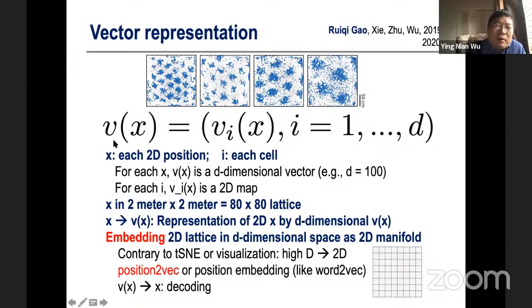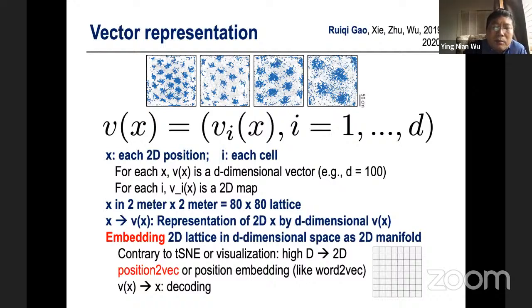Therefore this V is formed by those cells, and each V sub I of X is a map. If you change X, you change the response. So each V_i(x) as a function of X forms a 2D map. Together, if D equals 100, we have 100 maps. Okay, so that's the representation.